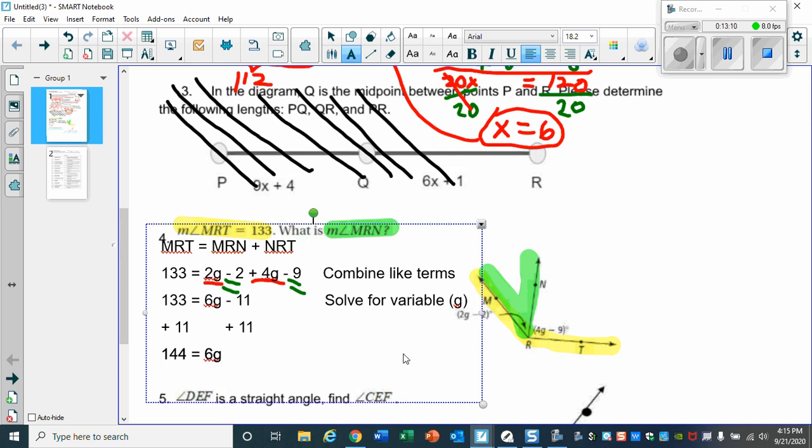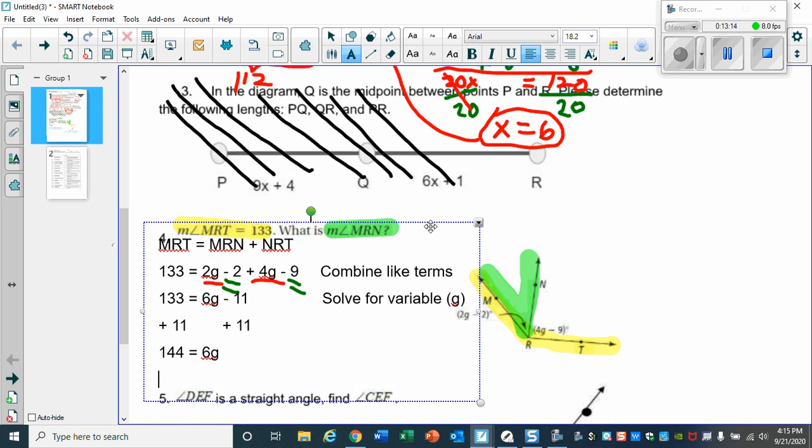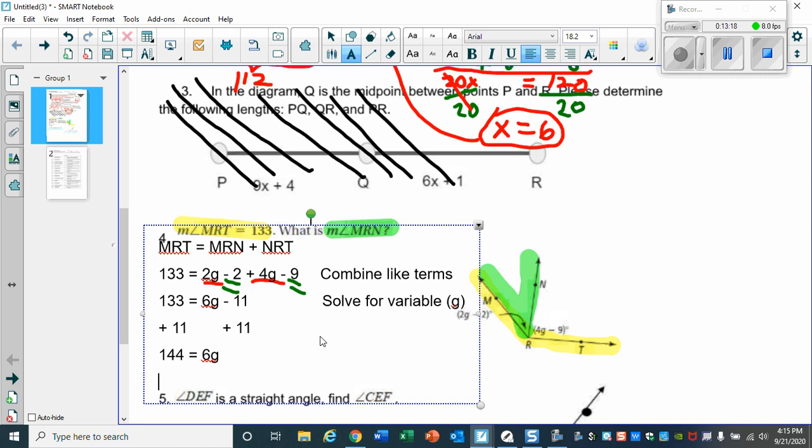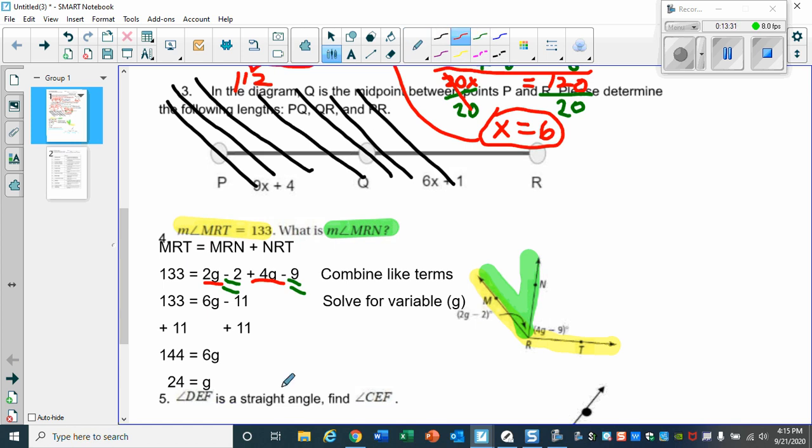And then our last step will be the following. You will divide. So 6G, so we will divide both sides by 6. So 144 divided by 6 gives us 24. So that is our last step. Again, know your inverses.